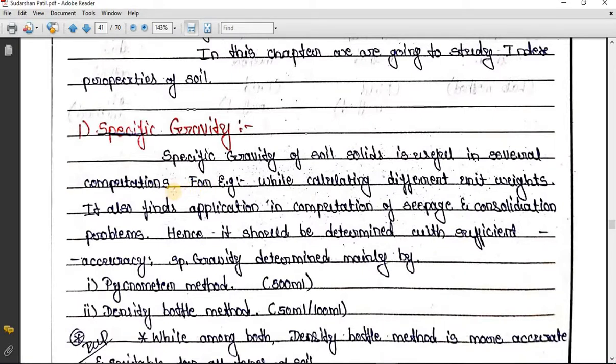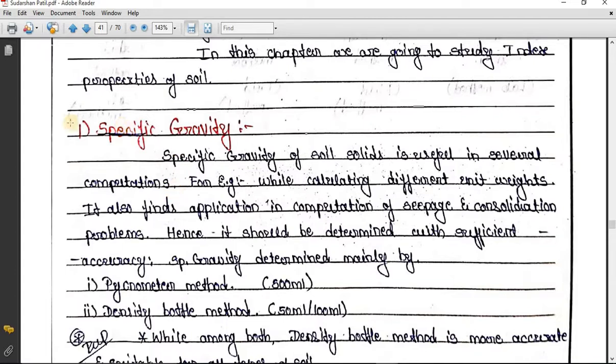Specific gravity is denoted by capital G. So specific gravity is nothing but ratio of unit weight of soil solids to the unit weight of an equal volume of water. So G is equal to gamma s divided by gamma w.